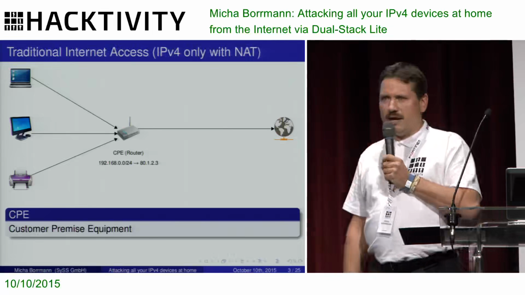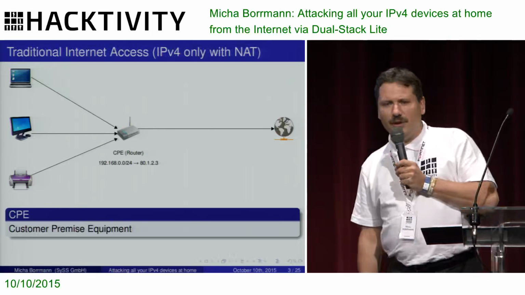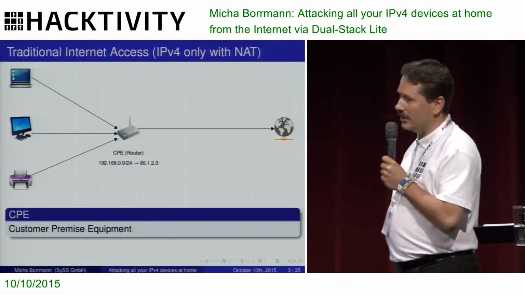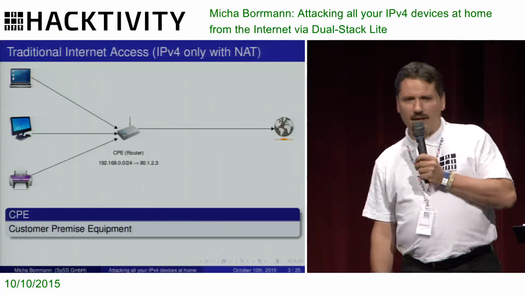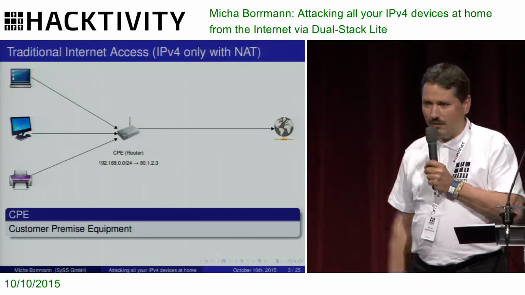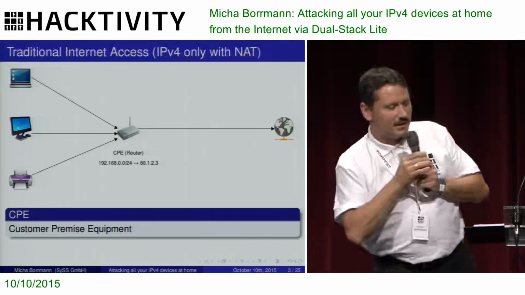Mostly you use DNS for such things, and I believe a lot of people have such kind of traditional internet access at home. Please raise your hand. Who has a traditional internet access at home? Yeah, I see a lot of hands. That's my expectation.